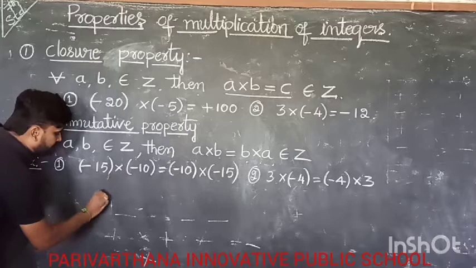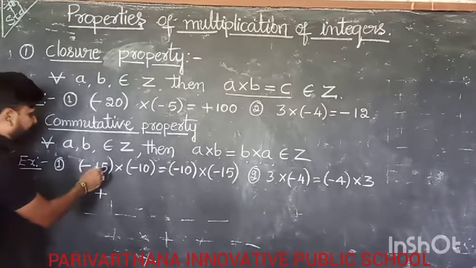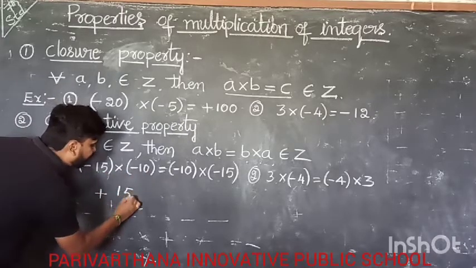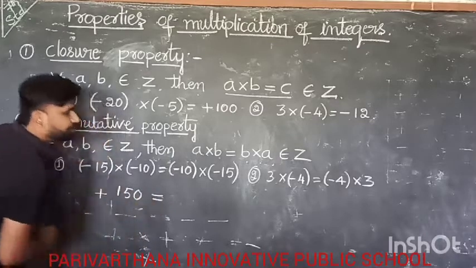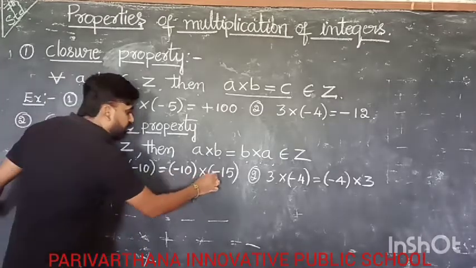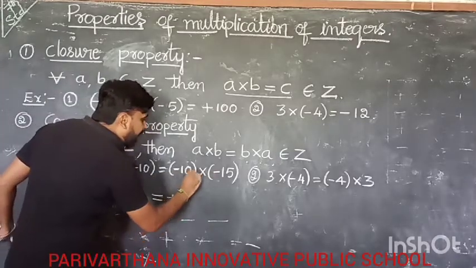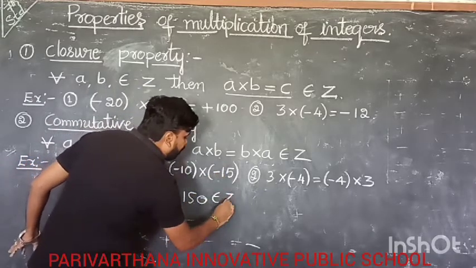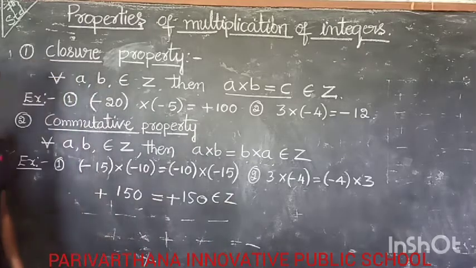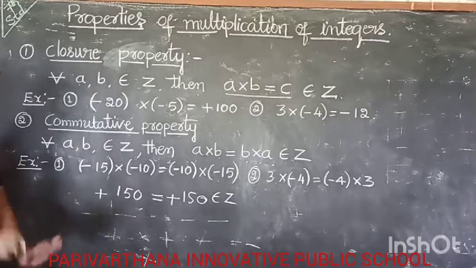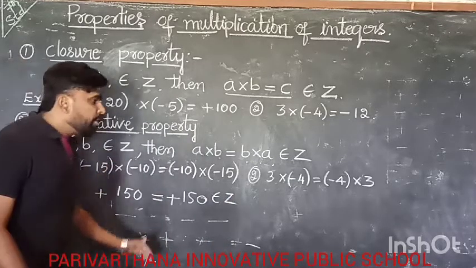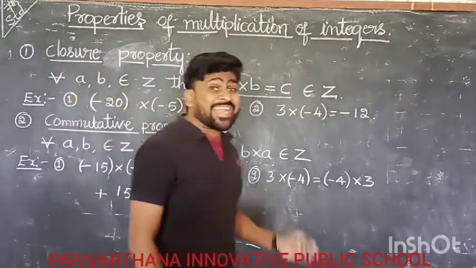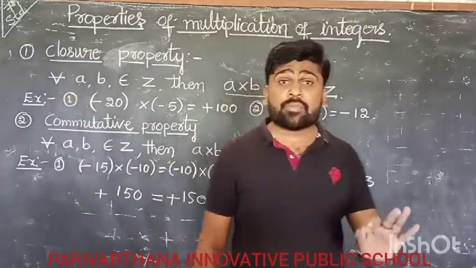Minus into minus, answer is plus. 15 tens are 150, which is equal to minus 10 into minus 15, again plus 150. Therefore plus 150 belongs to Z. That means the commutative property is satisfied under multiplication.